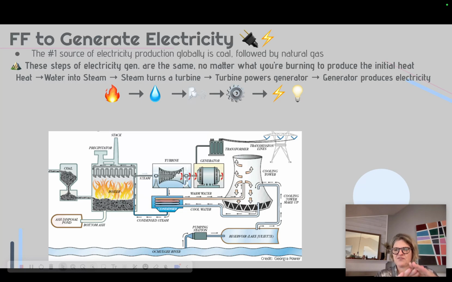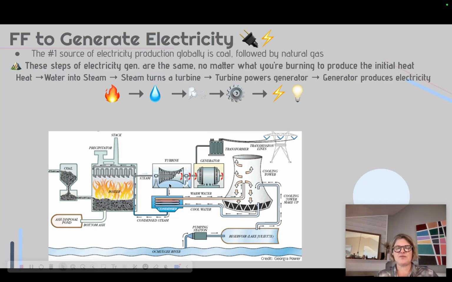When we get electrons flowing, that's where we get electricity. That electricity is going to be collected in transformers that transform the electrons into electrical energy and then pump those out into our electrical grid. Okay, so that's what you really need to know.